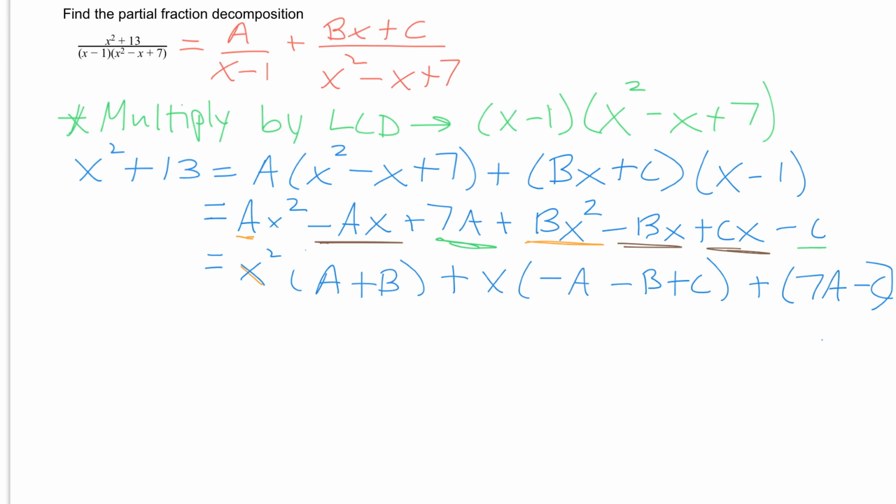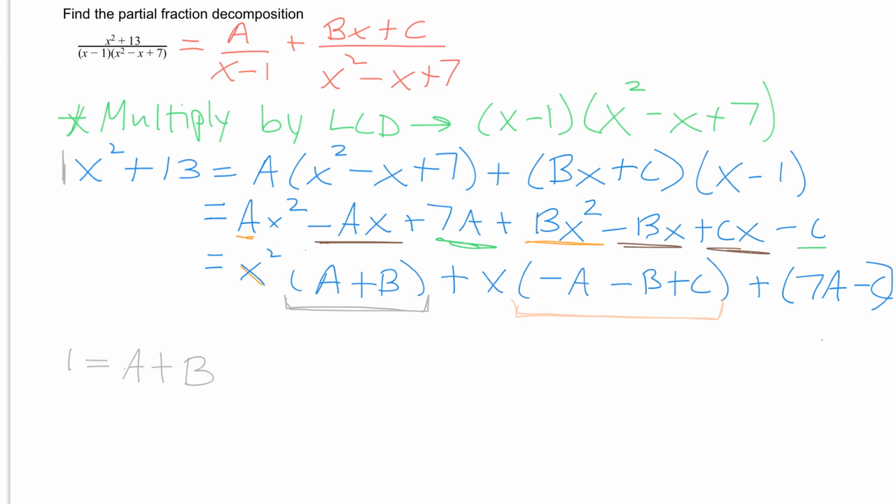Then what I need to realize is that I have my coefficients. So right here, my A plus B, that's my coefficient of my x squared term, which has a 1 in front of it. So I can say that 1 is equal to A plus B. And then I can take a look at this part right here.